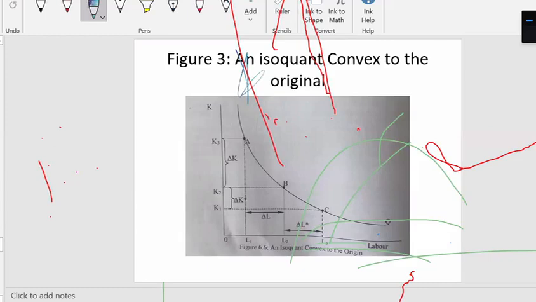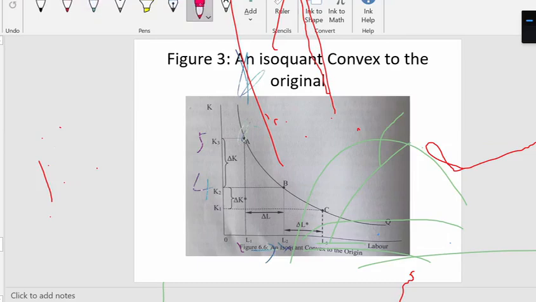Watu 2, mashine ngapi? 5. Okay. Let's say here there is 5 and here is 2. Sasa in order to shift from this position to B, manake lazima upunguze mashine ili uweze kuongeza wafanyakazi. You get it?